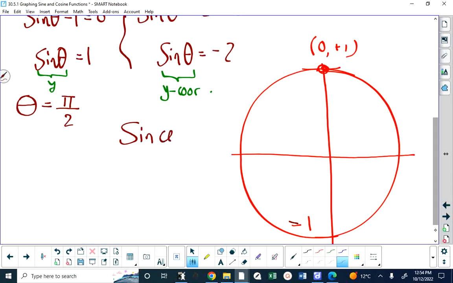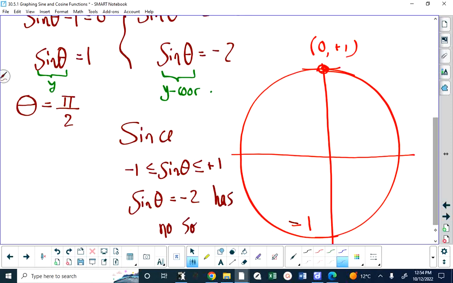Since that is true, sine theta equals negative 2 has no solution.